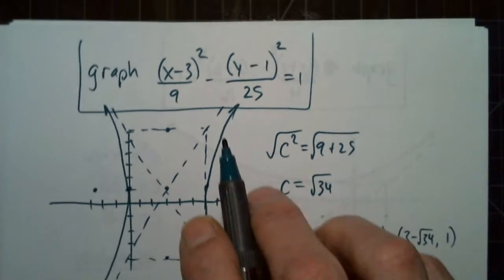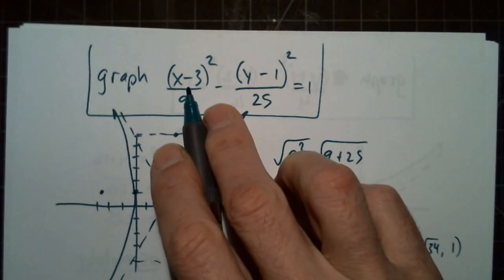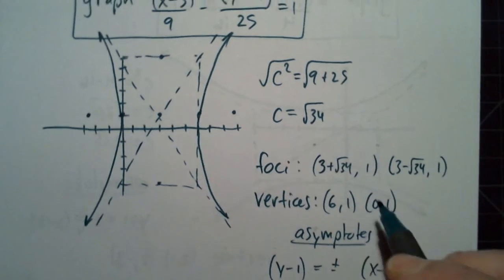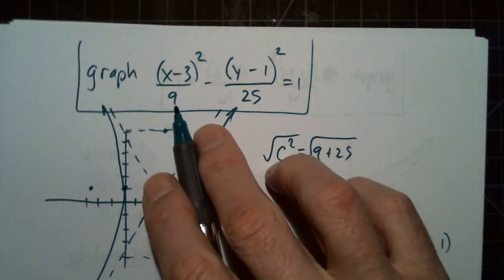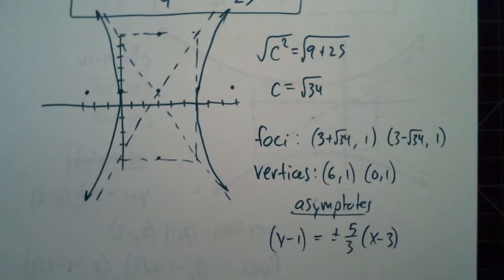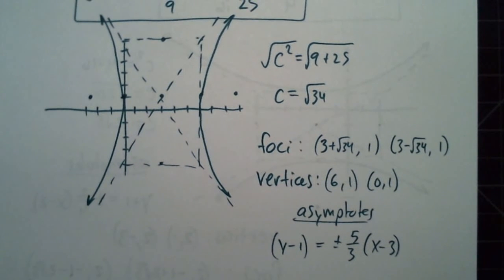And the asymptotes are y minus 1, x minus 3, and then we find the slope using 5 over 3. Alright, and then we'll just finish up with writing it in standard form before graphing.